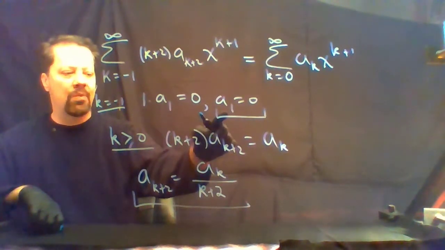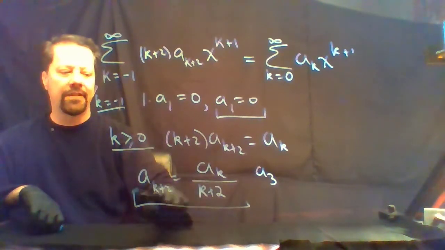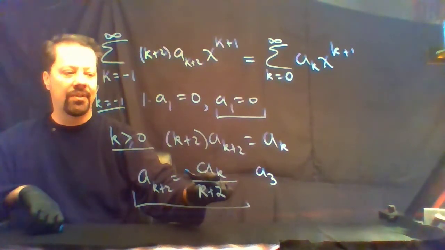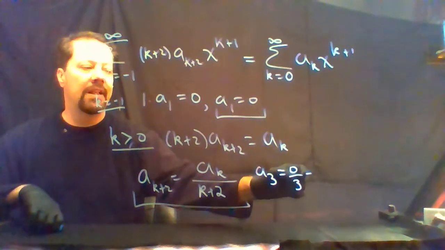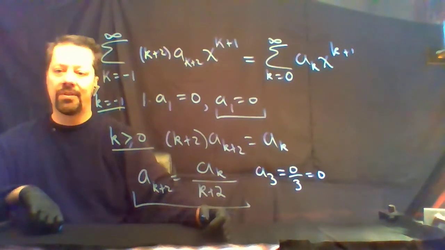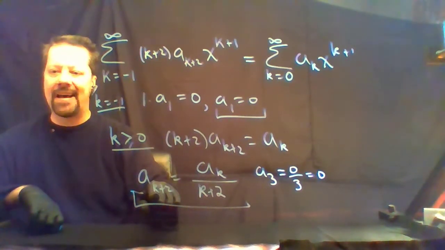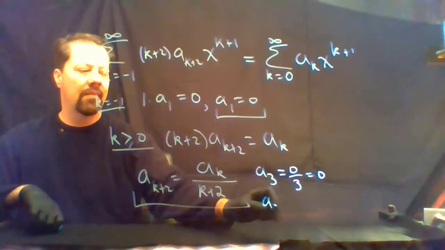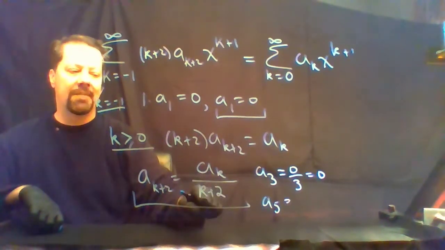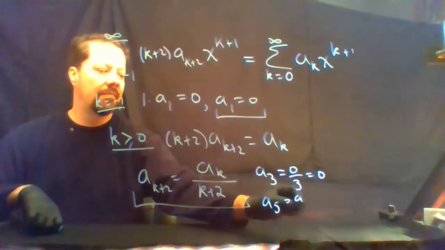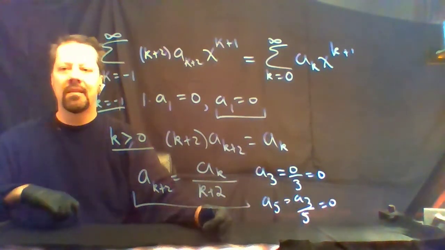Notice that since a1 is 0, if we plug in 1 here for k, we'll get 0 here, a3 will be 0 divided by 3, or 0. Similarly, if we plug in k equals 3 here, we'll have a5. a5 is going to be a3 divided by 5, and that is also 0.